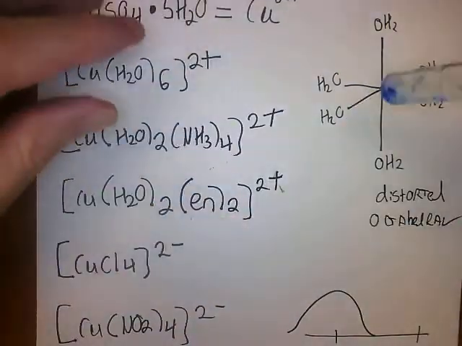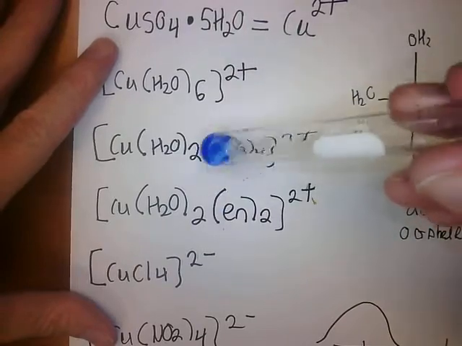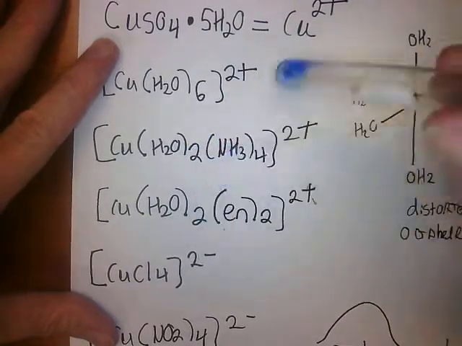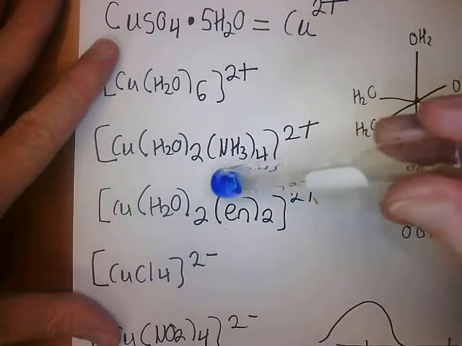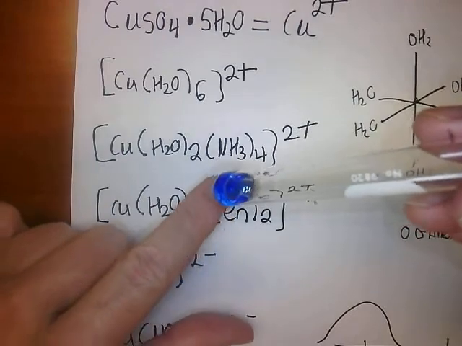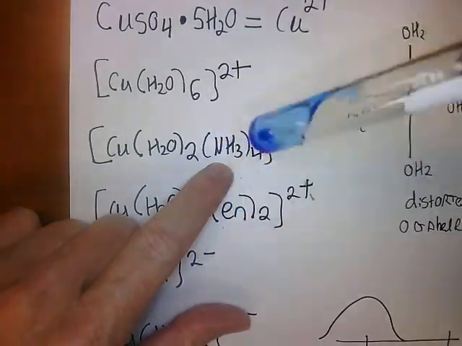Alright. And now you see right away that this looks a lot different than when the compound was dissolved in water. Not only is the color different, it's much more intense.